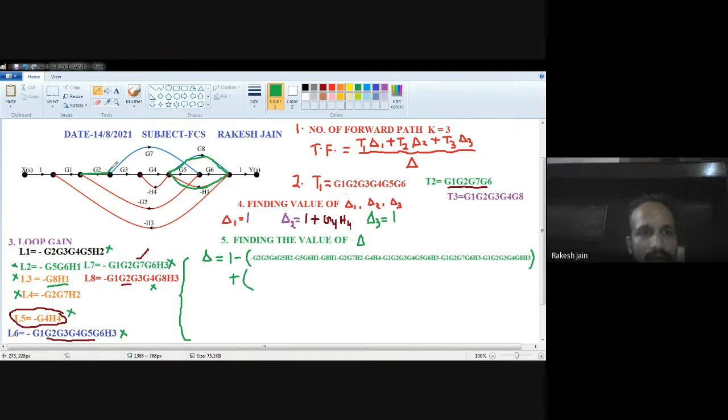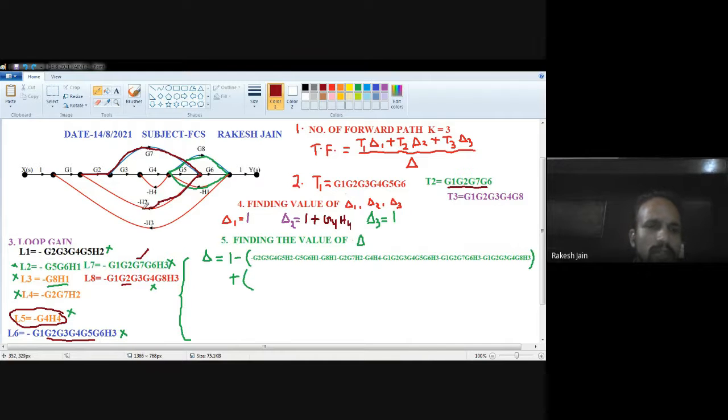So G2, then G7. They can cross each other, and cross means they do not touch. Okay, don't be confused; I changed the color so that you will understand. So G2, then G7, and then minus S2.